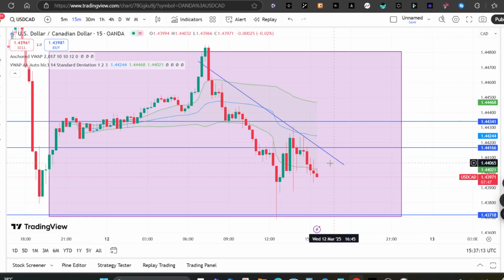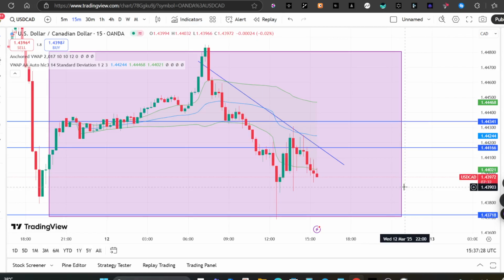Okay, if price bounces off a VWAP line multiple times, it confirms that that level is strongly respected. And then avoid using the VWAP in choppy markets. Okay, anchored VWAP works best in trending markets where price respects volume weighted levels, and that is how you use the anchored VWAP for swing trading.